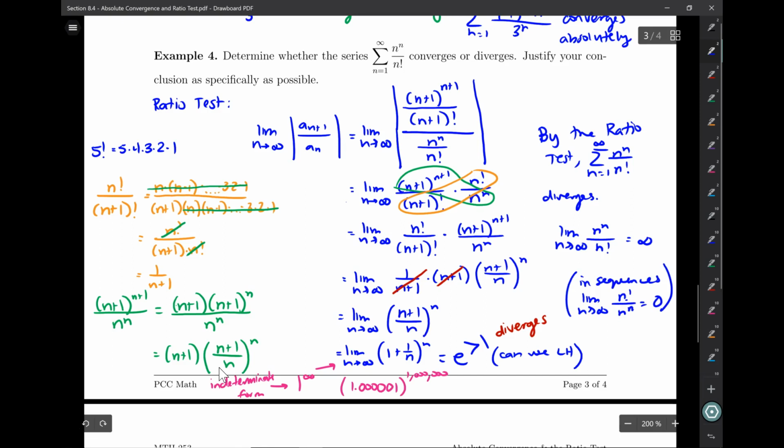You can refer back to that section if you'd like. And so that means the reciprocal of that should approach infinity. If n factorial over n to the n approaches 0, then n to the n over n factorial will approach infinity as n approaches infinity. So you can also use the divergence test in that particular case.